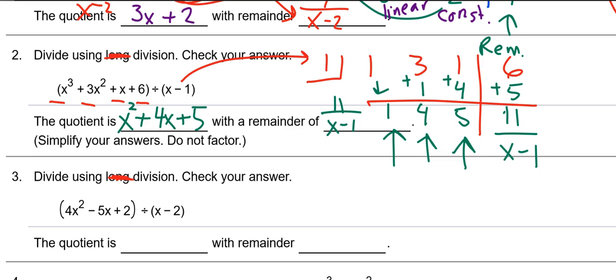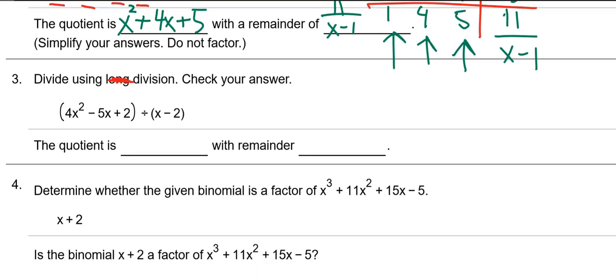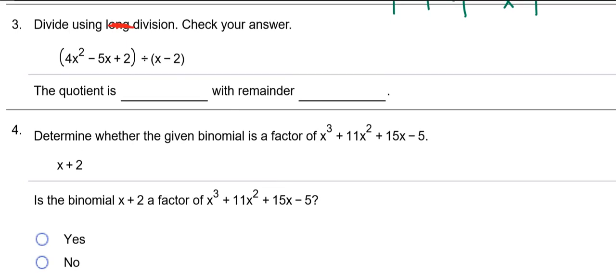That right there is the answer to question 2, using synthetic division. If you need to pause the video at any time just to copy things down, do so. We're going to keep moving forward.